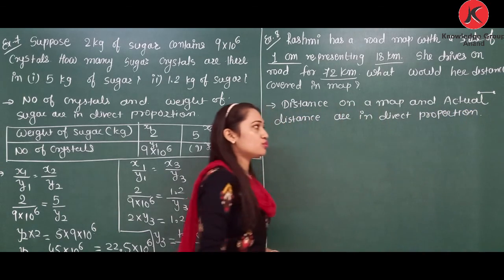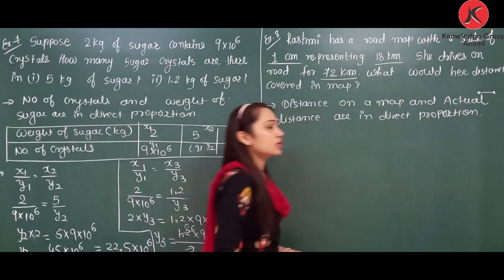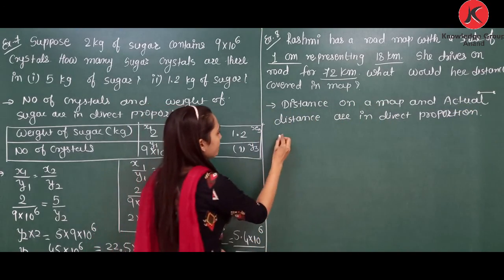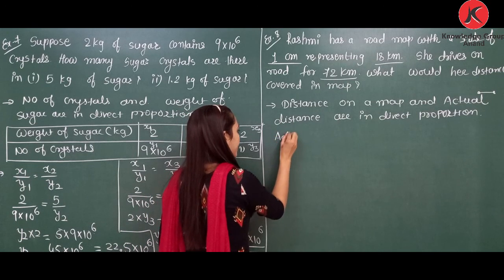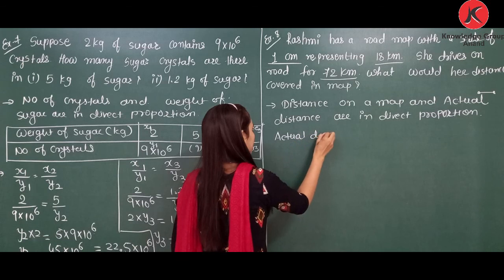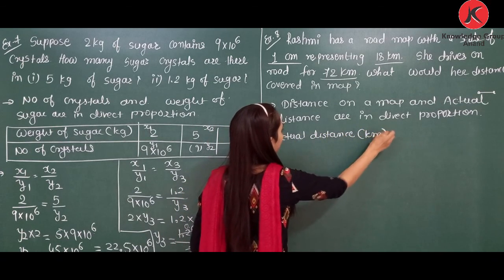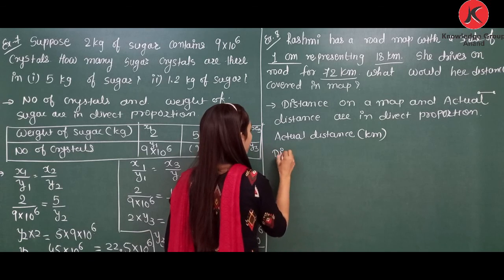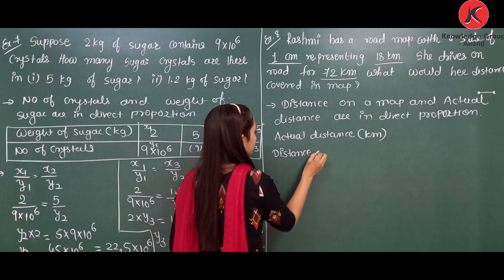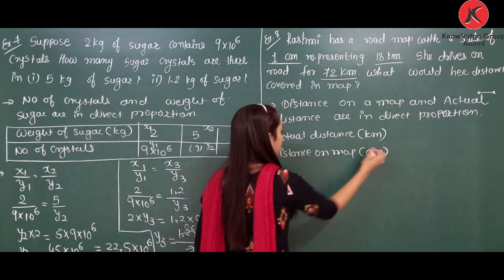That's why we need to use the equation for direct proportion. So we can write actual distance, that is in kilometers, and distance on a map, that is in centimeters.